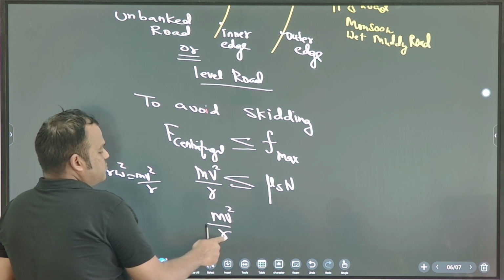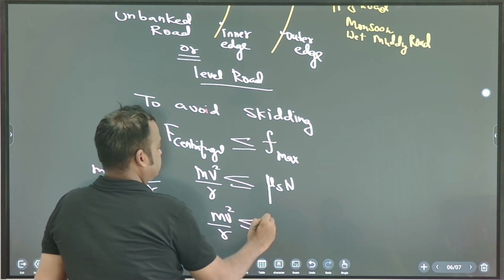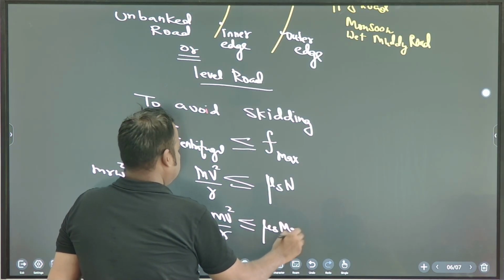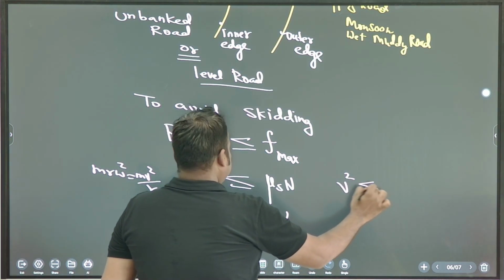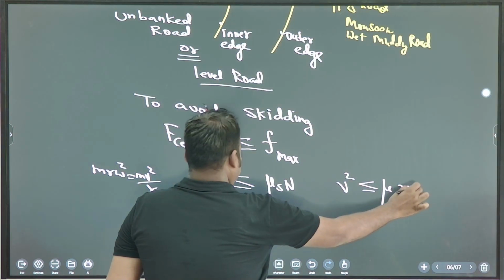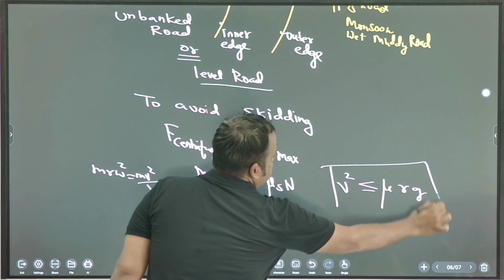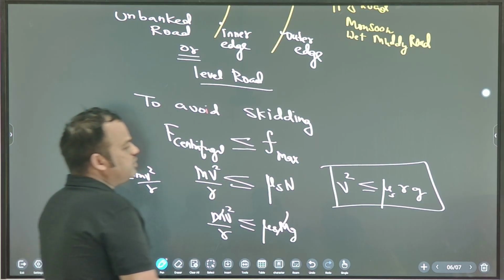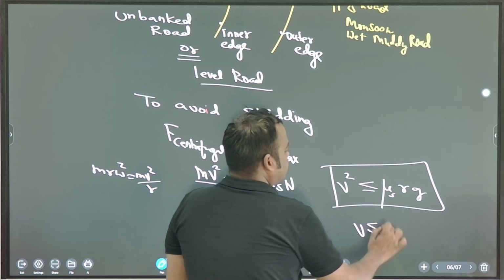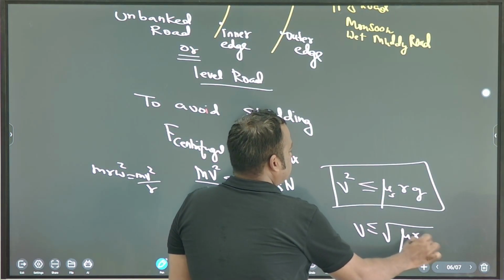R is the radius of the circular turn. So v square must be less than or equal to mu r g. Note down. So v must be less than or equal to square root of mu r g.